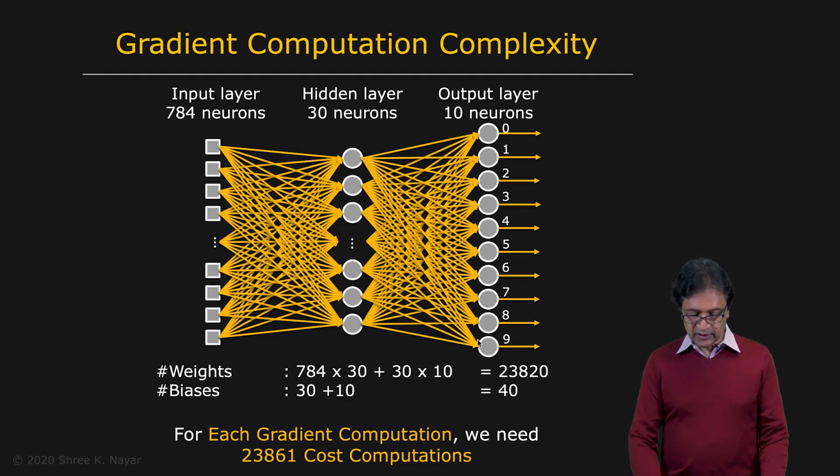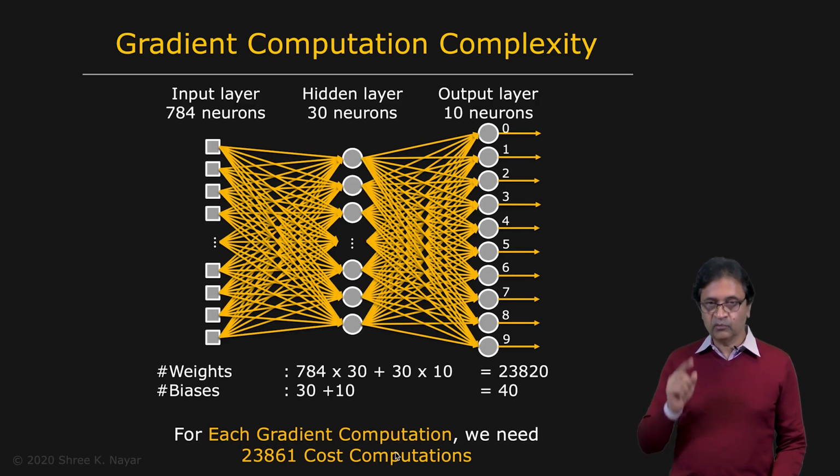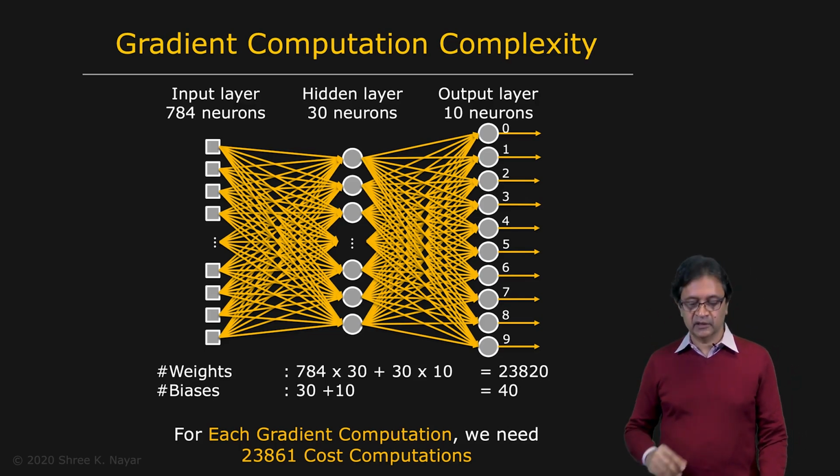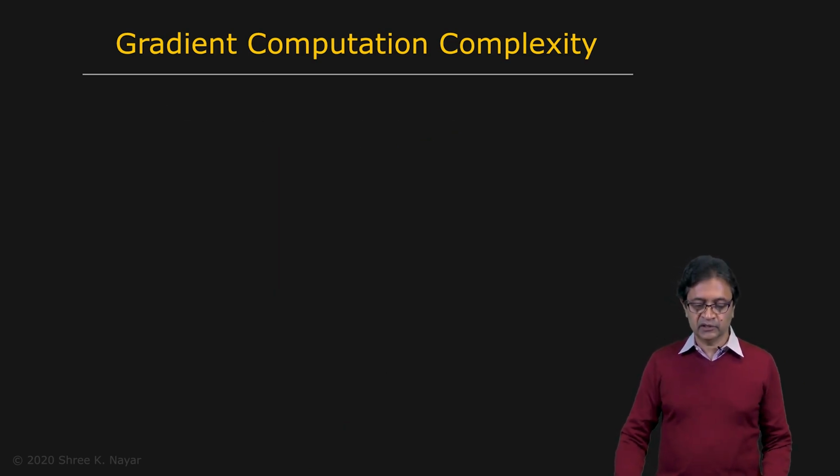In this case, for each gradient computation we need roughly 24,000 cost computations. That's how many parameters there are, because you have 23,820 weights and 40 biases. So that's where we come up with this number. That's the number of cost computations that we need for one iteration of the gradient computation.